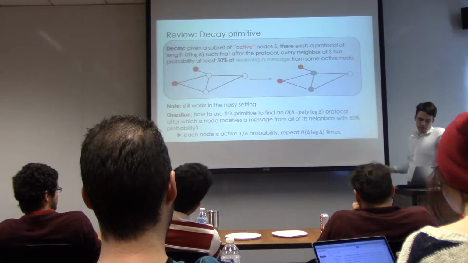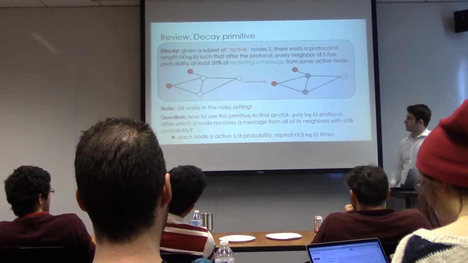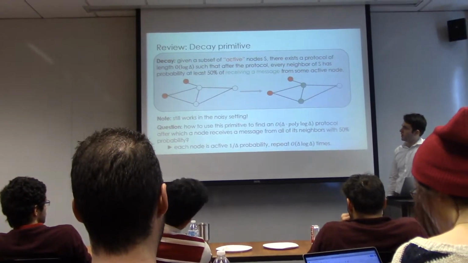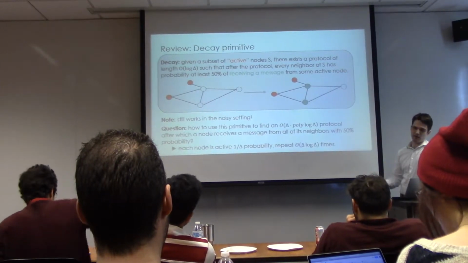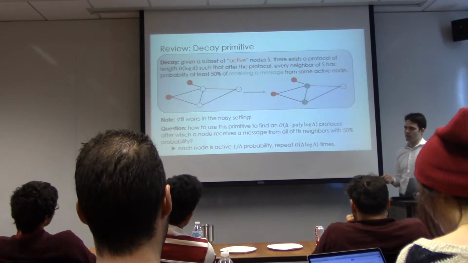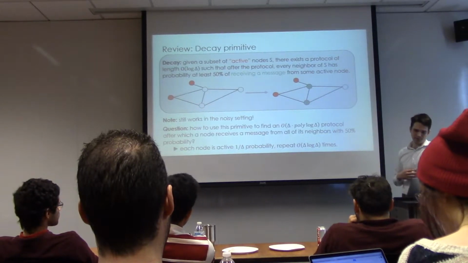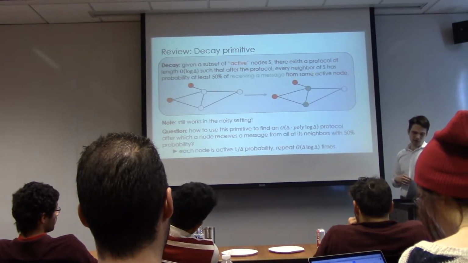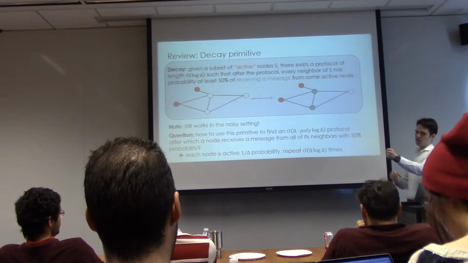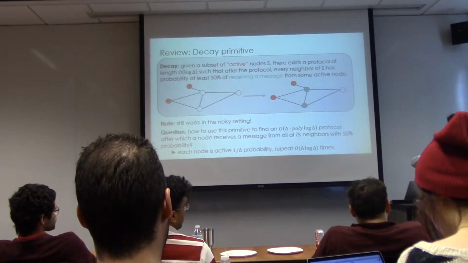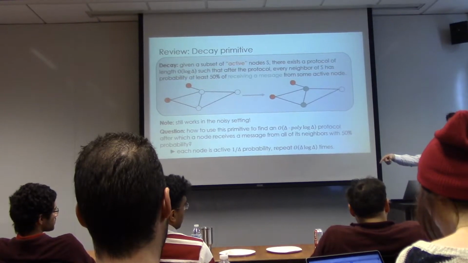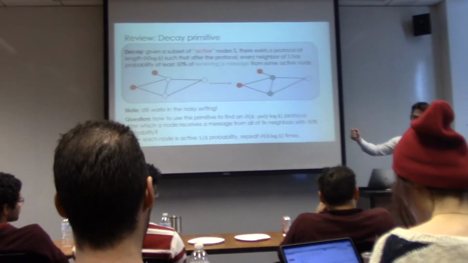So basically the algorithm is pretty simple. You run the decay, and you make random nodes active. Each node will flip a coin, and with probability 1 over delta, it will become active. When you fix a node and its neighbor, the probability that it will not be active and that its neighbor will be active is 1 over delta times a constant.